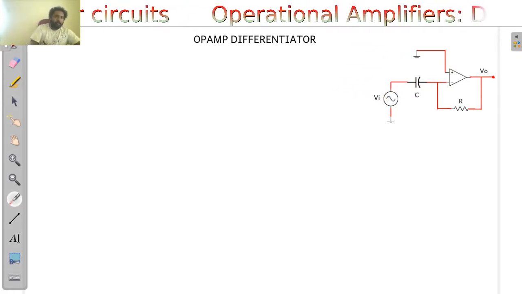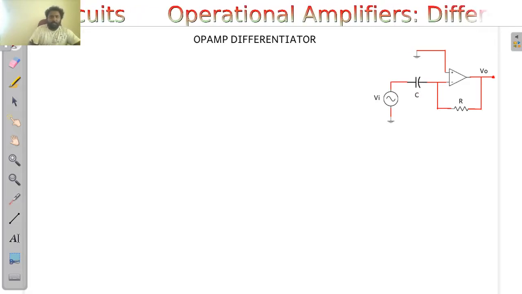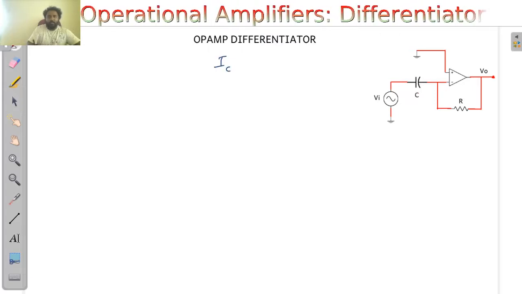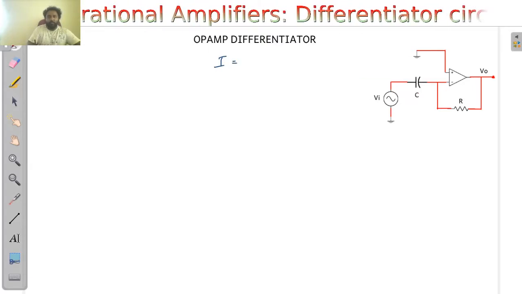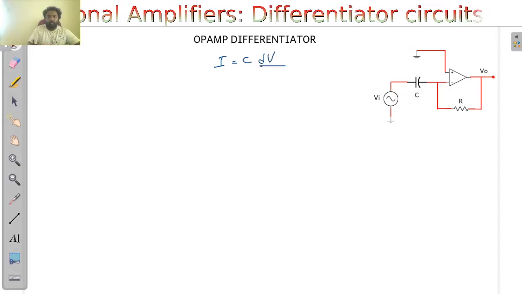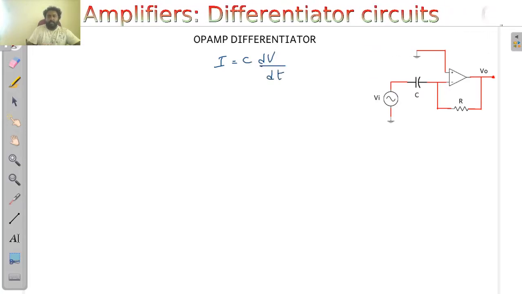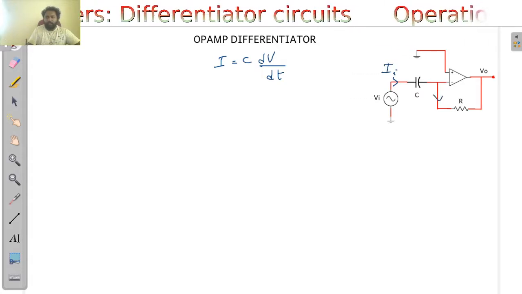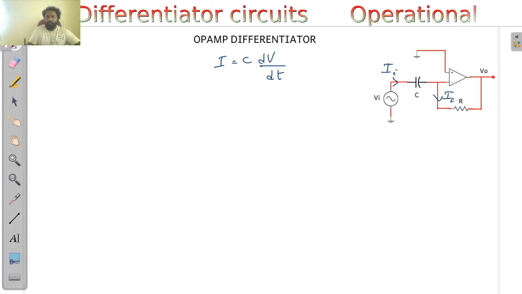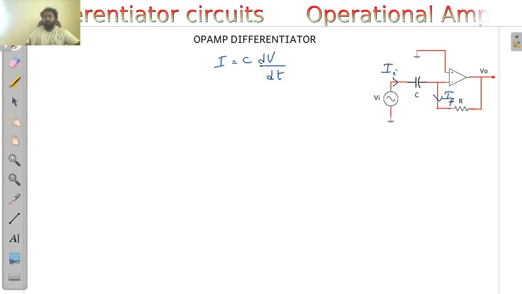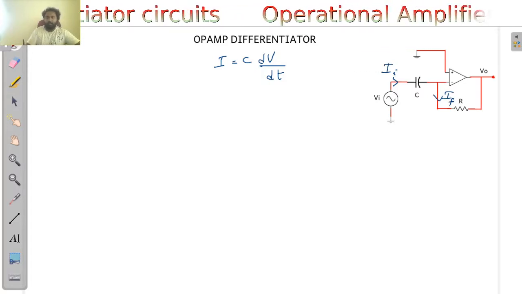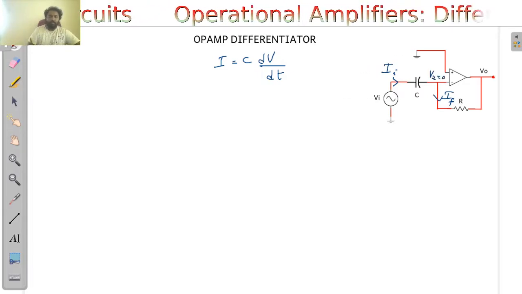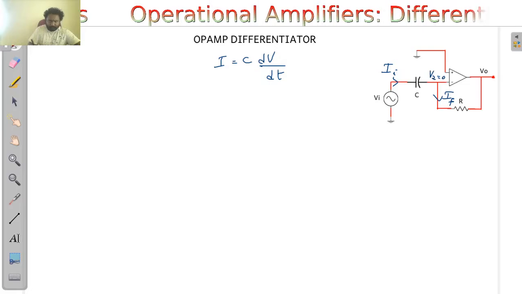That capacitor current is again defined by the equation I = C dV/dt, where this is I_I and this is I_F, the feedback current, and the voltage at this point V2 is equal to 0 because of the virtual ground condition.